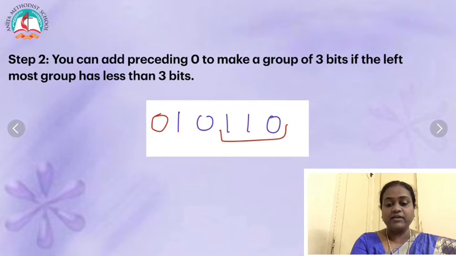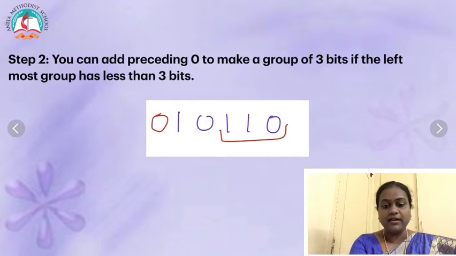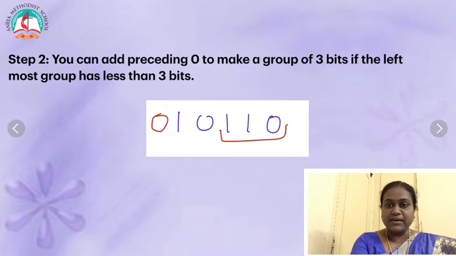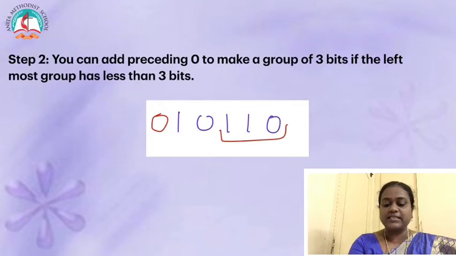First I grouped it into 3 bits. But for the second set, I don't have 3 bits. I have only 1 and 0. In this case, I will add a 0 to the preceding number. Then what is my third step?